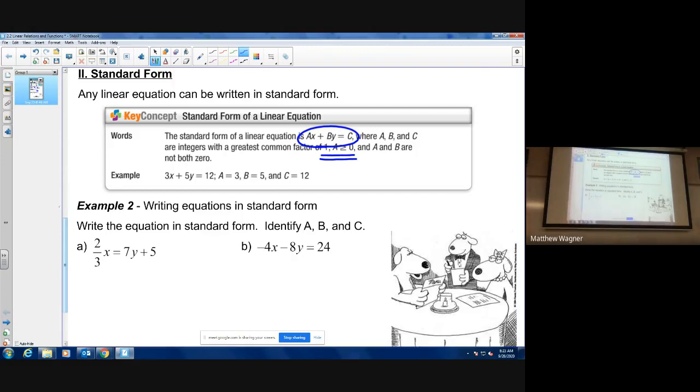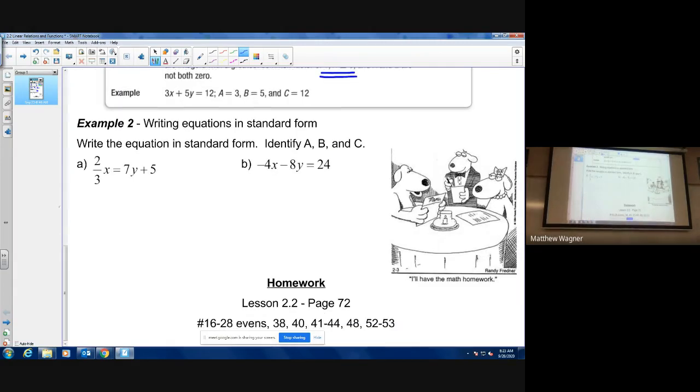So when we go into these ones, looking at the very first example here, part A, you notice that not each value is an integer. So first things first, I'm going to multiply everything by 3 to get rid of that fraction. So I wind up with 2x equals 21y plus 15.